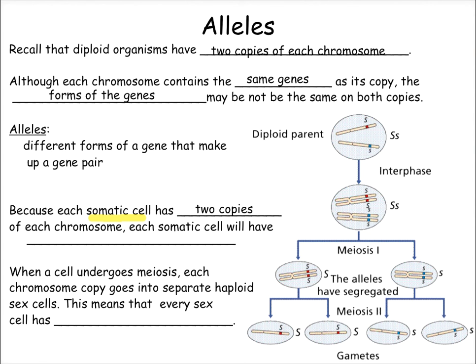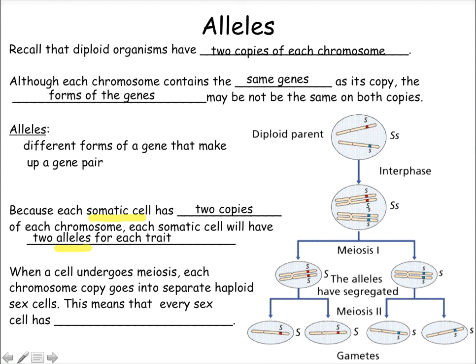That means that each somatic cell will have two alleles for each trait, like I was just showing you. Each somatic cell will have two copies of the eye color gene, not just one. You'll have two copies of the blood type gene, not just one. In other words, you have two alleles for each trait.